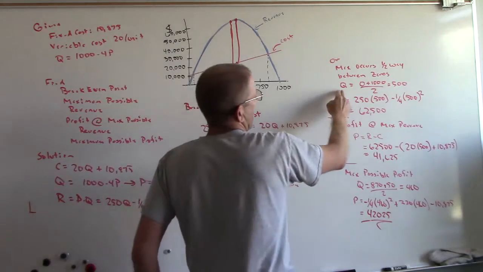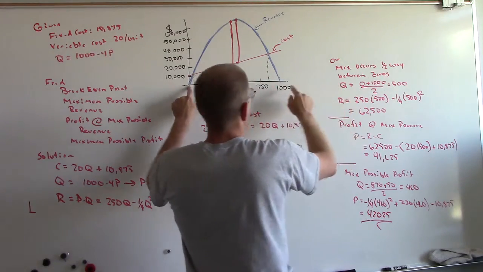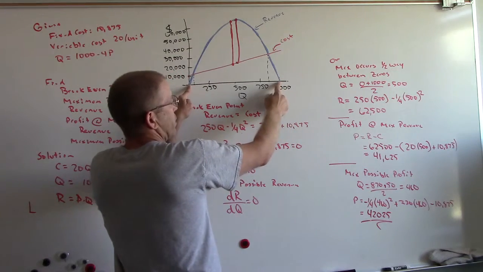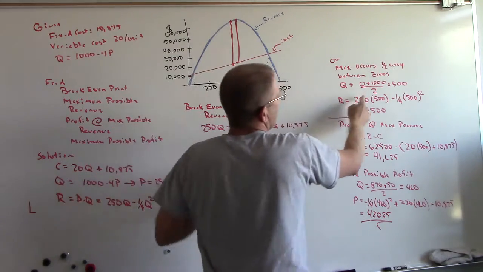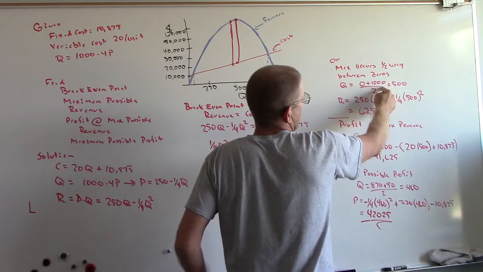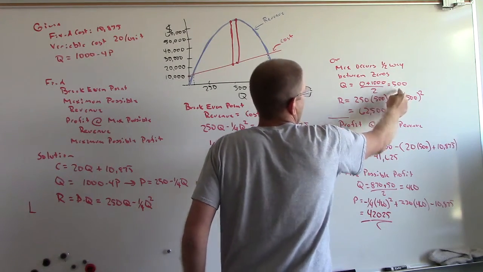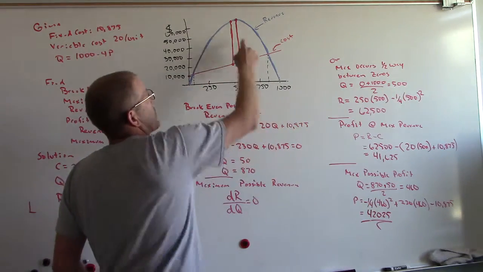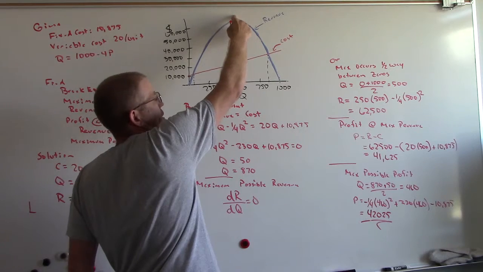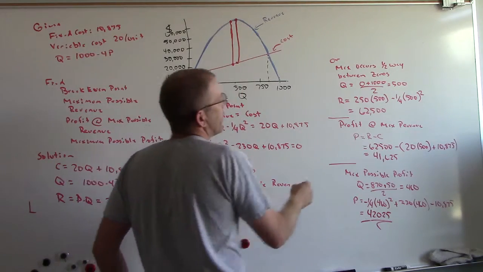And for that reason, I said, okay, well, we know our 2 zeros for the function. They're at 0 and 1,000. We add those 2 values together, divide by 2 to get the average. We see that the maximum revenue occurs at 500 units.